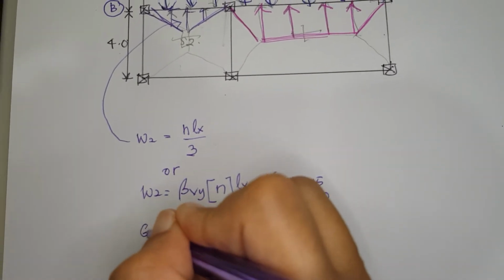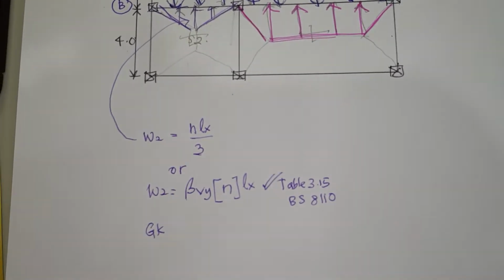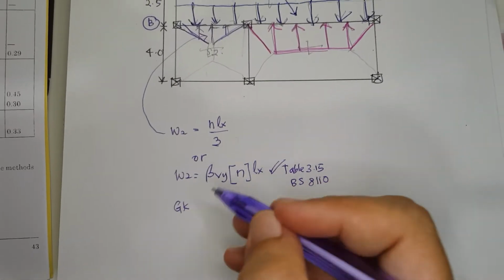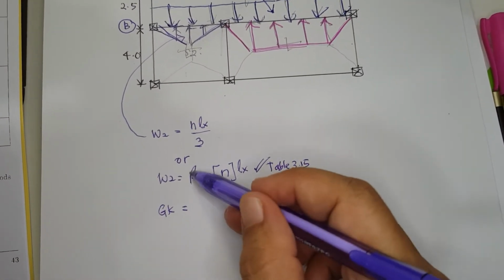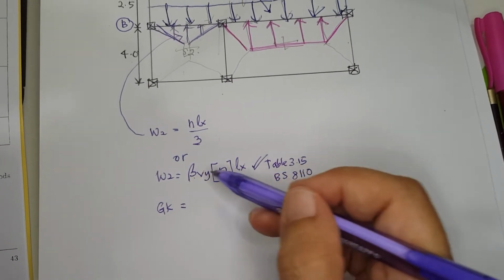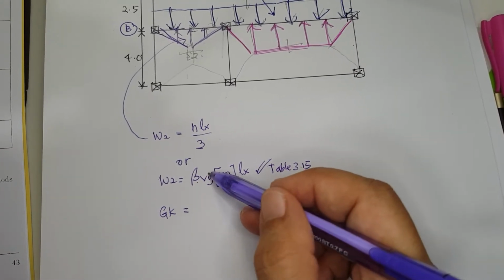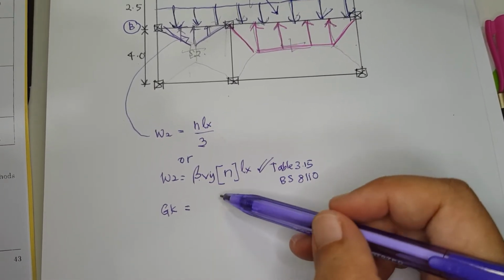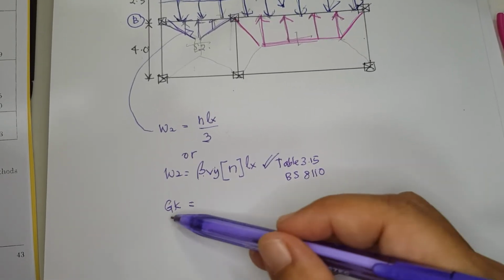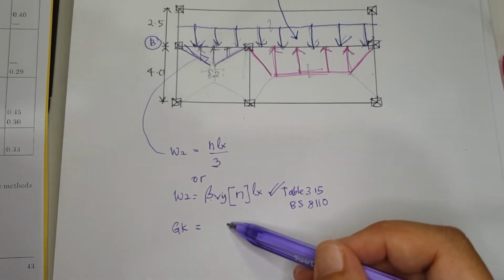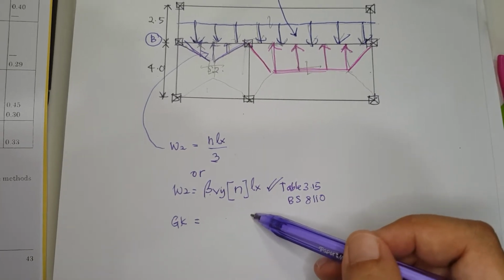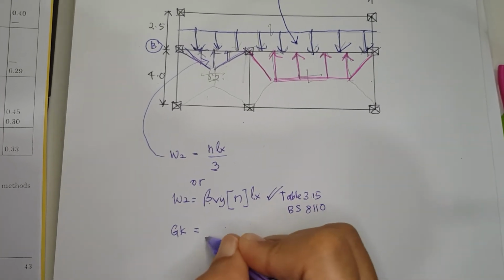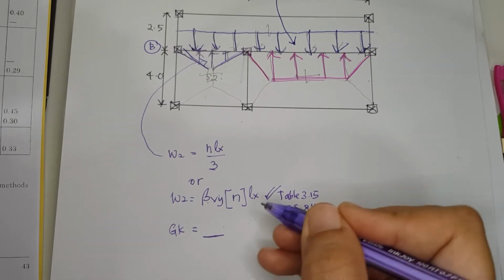So GK for slab number 2 is the coefficient in y direction multiplied with the load GK, which is 5.75, multiplied with Lx. So this is later I will show you.